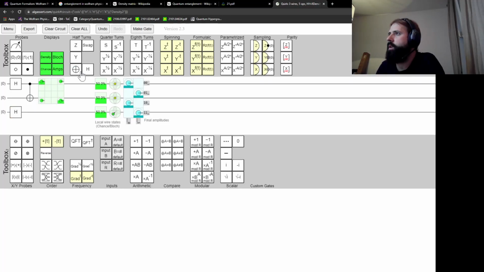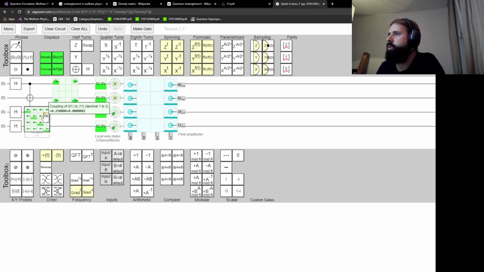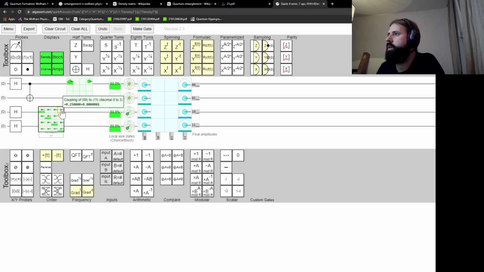Whereas if I do these, there's still a coupling between these two, but there's also a coupling between everything else.